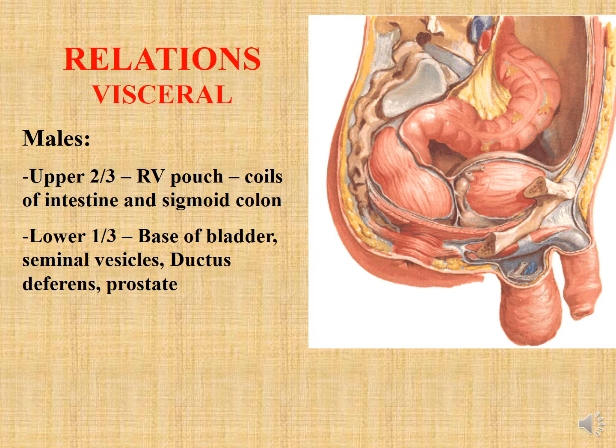The upper two-thirds of the rectum, we know, is covered by peritoneum, that is the peritoneal part, and it is related with the rectovesical pouch in males, coils of intestine, and sigmoid colon. Whereas the lower one-third, which is the non-peritoneal part of the rectum, is related with the base of the urinary bladder, ureters, seminal vesicles, prostate, and vas deferens. In case of males, these are the anterior relations.